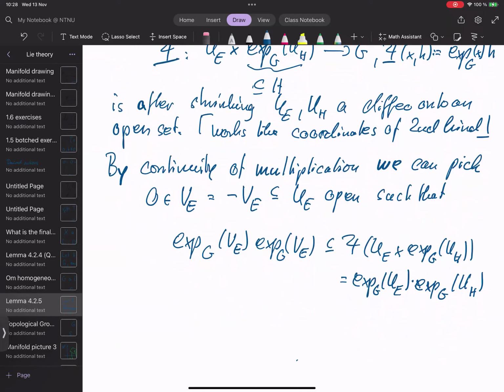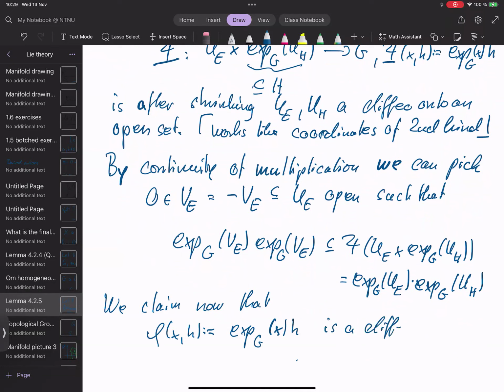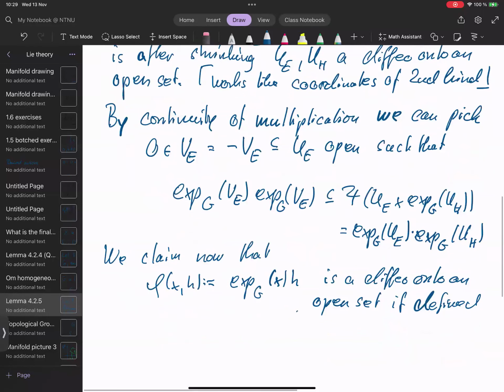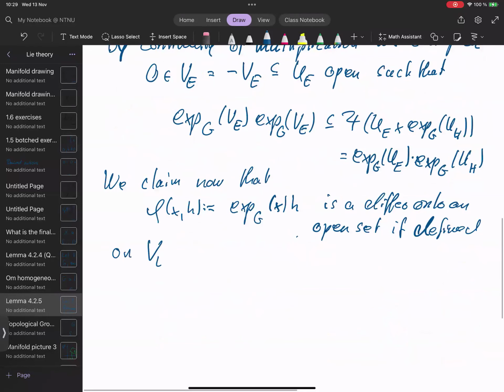Okay, we claim now that the map phi, x h gets sent to exp_G(x) times h, is a diffeomorphism onto an open set if defined on this set VE times H we were considering.